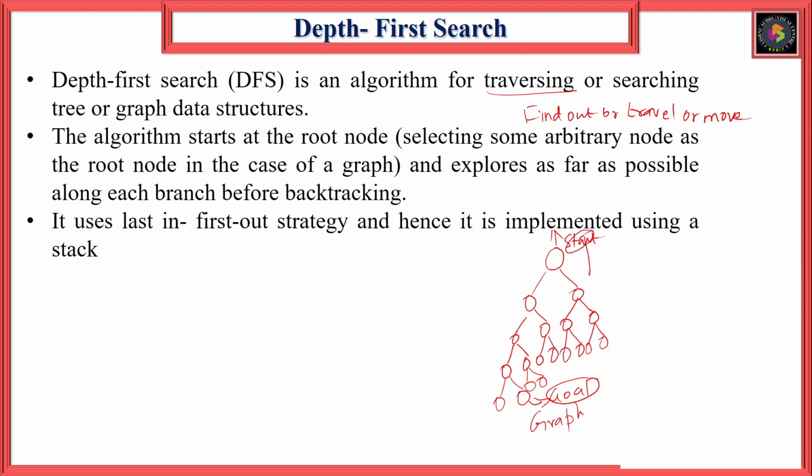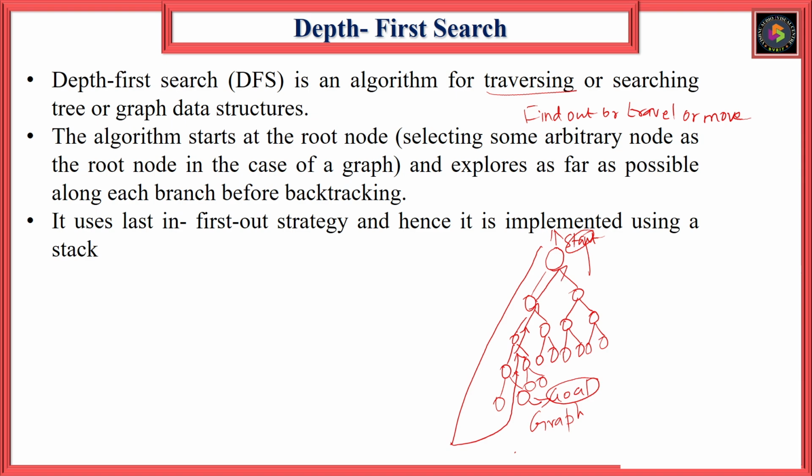So how can we move from the start state? In depth first search, we move depth-wise. Once we reach the complete depth, if it doesn't find any goal state, it will move to the previous state, and again to the previous state, like this.